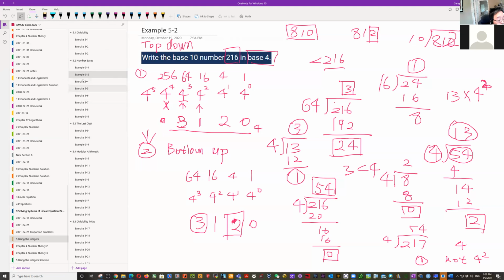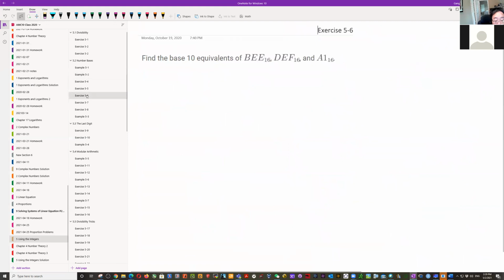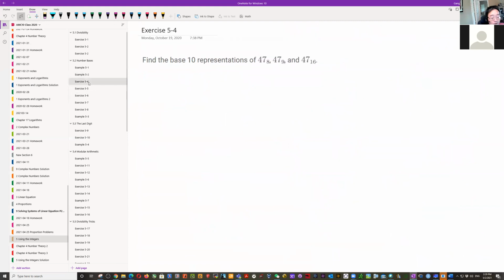Let's try to do a few exercises, especially these 2 exercises, really simple ones. Let's see how everyone will do. Let's try to do this problem.